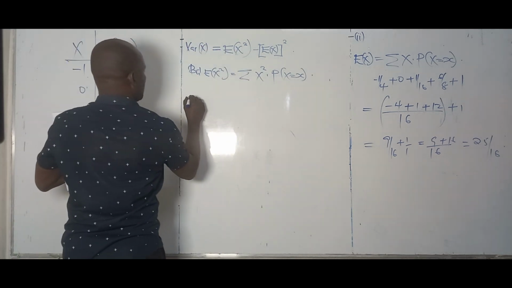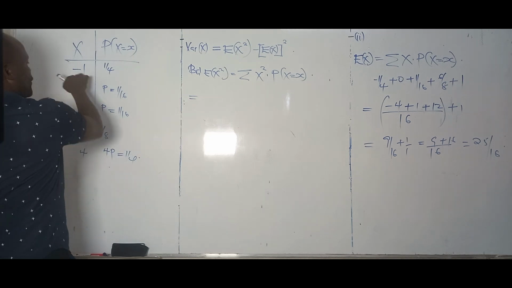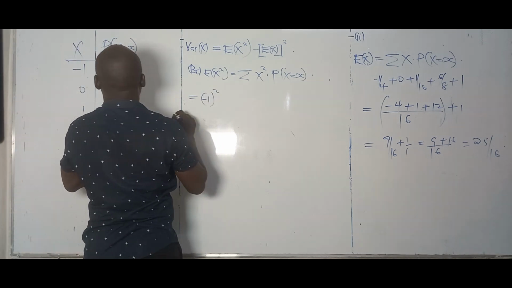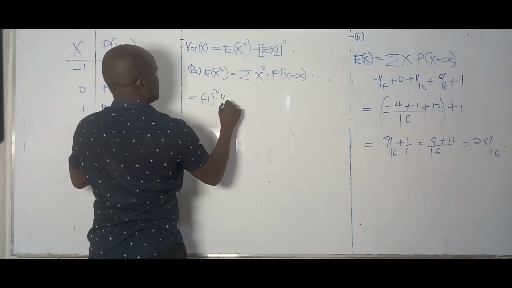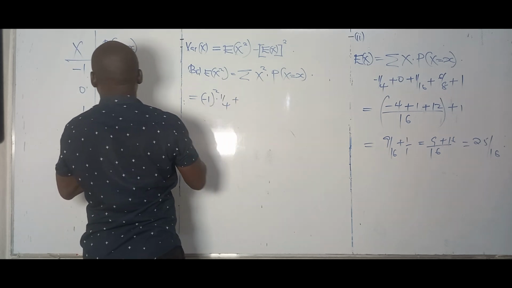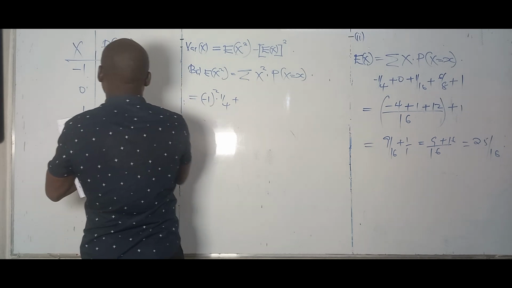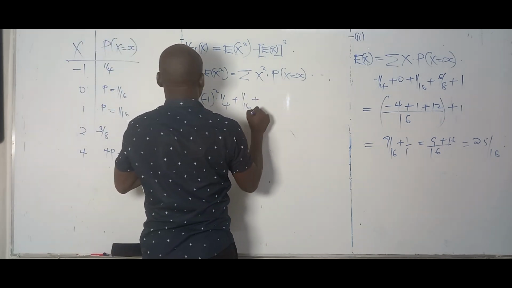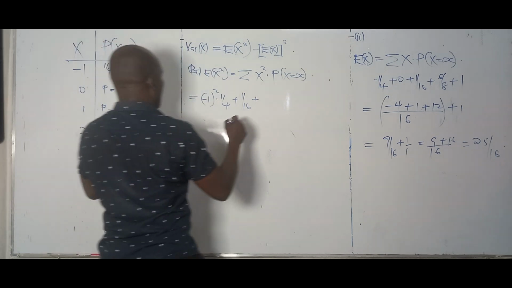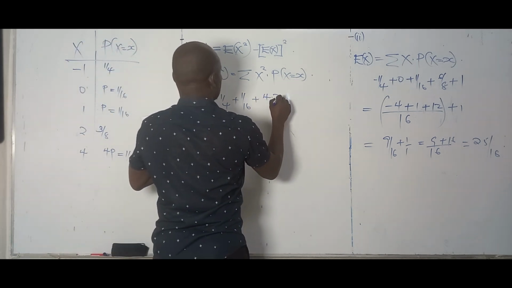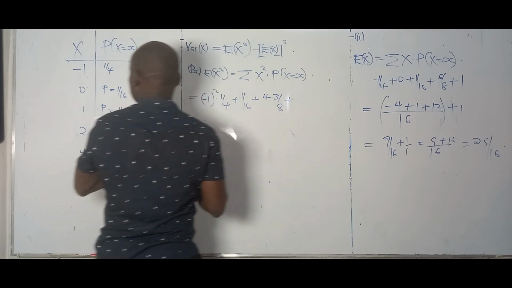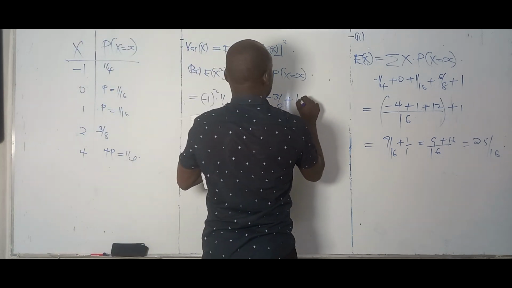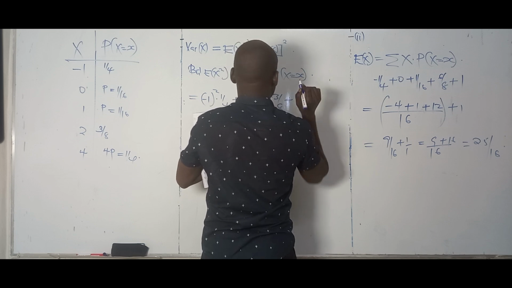So in effect, you square this, so it will be minus 1 squared times a quarter, plus 0 squared times that, which is just 0. Then 1 squared times 1 over 16, which is just 1 over 16, plus 2 squared, which is 4, times 3 over 8, plus 16 times a quarter.